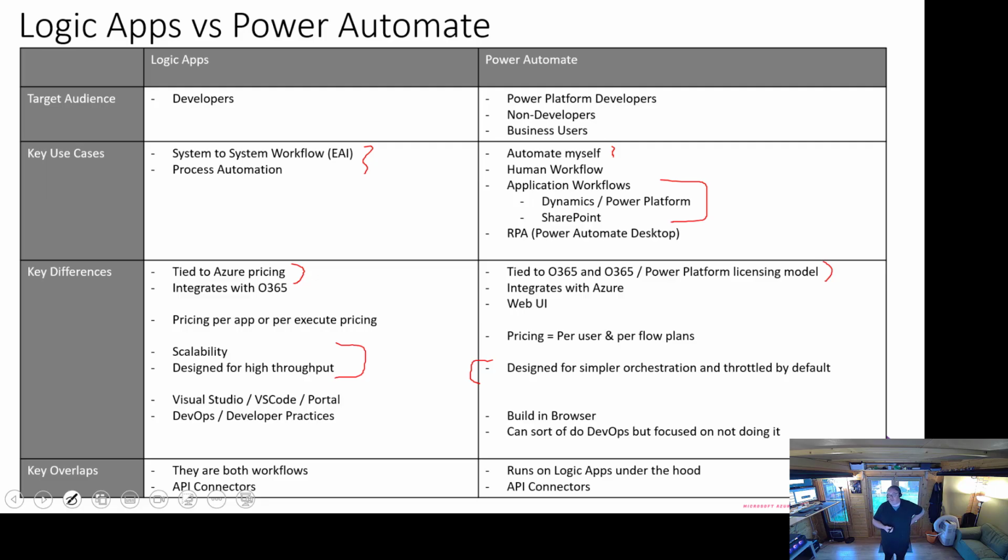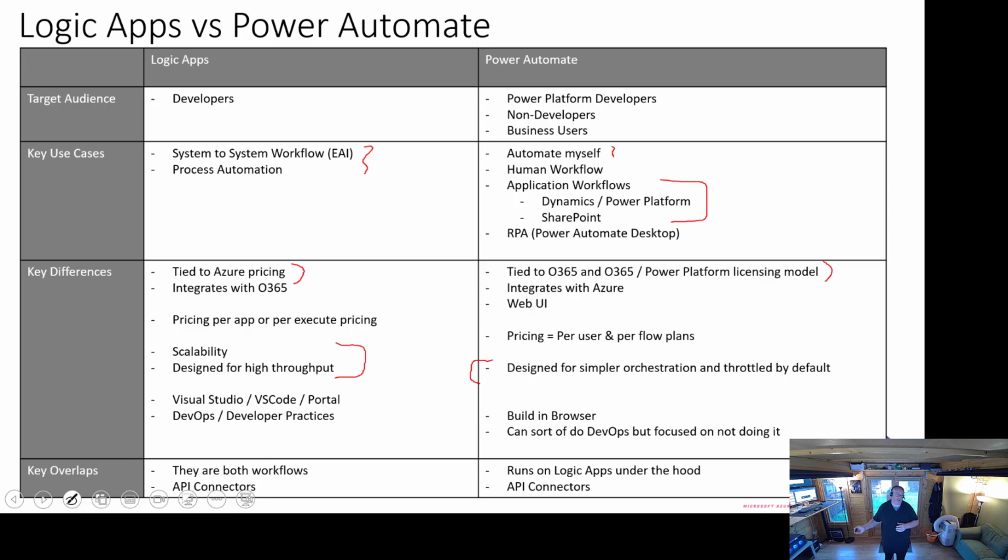So one example of the implementation is that by default, concurrency on Power Automate is usually turned off. So for example, if you do a loop, it's going to run one at a time. Logic Apps is designed for high throughput and high scalability by default. That's two opposite ends of a spectrum. With Logic Apps, by default, you're looking at loops running at 20 concurrency. And then there's much more control with Logic Apps.